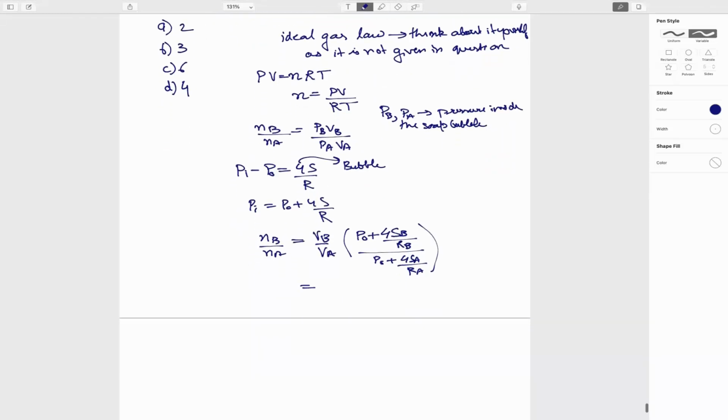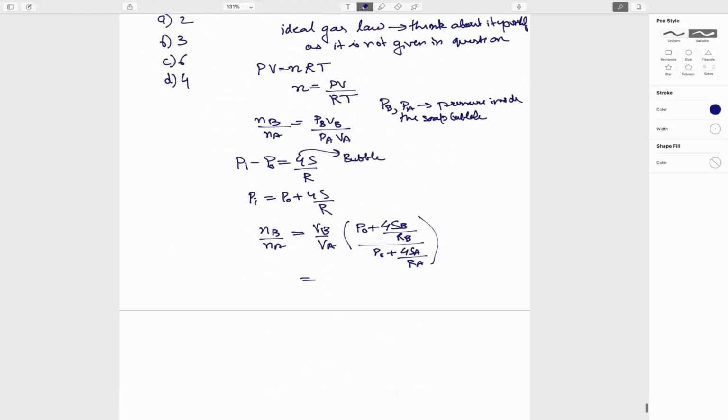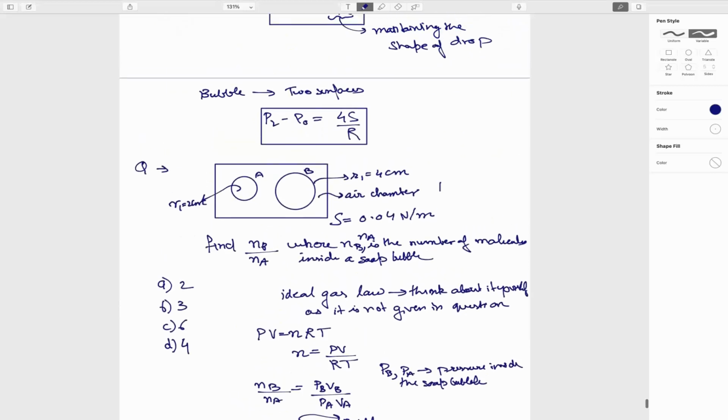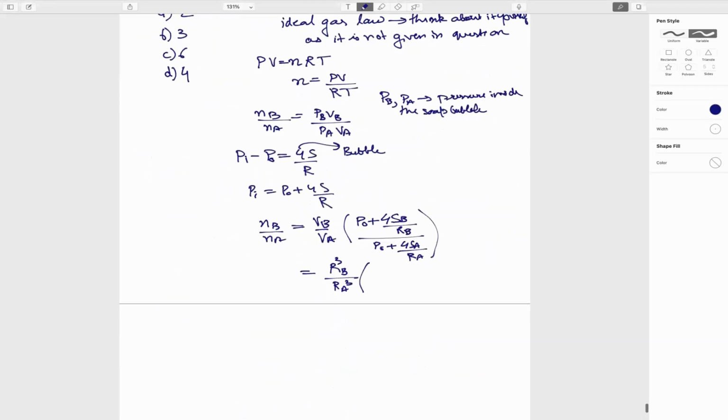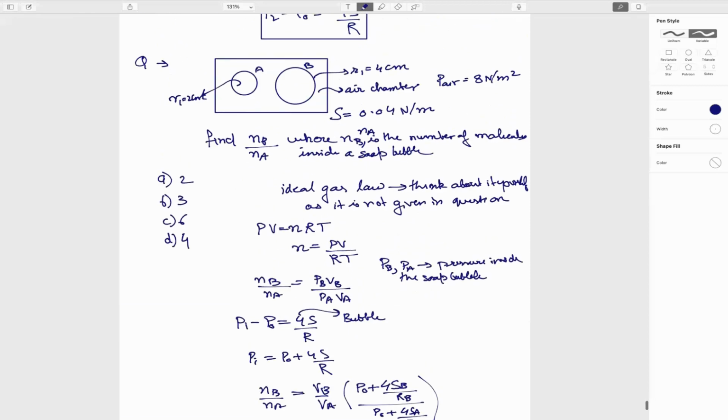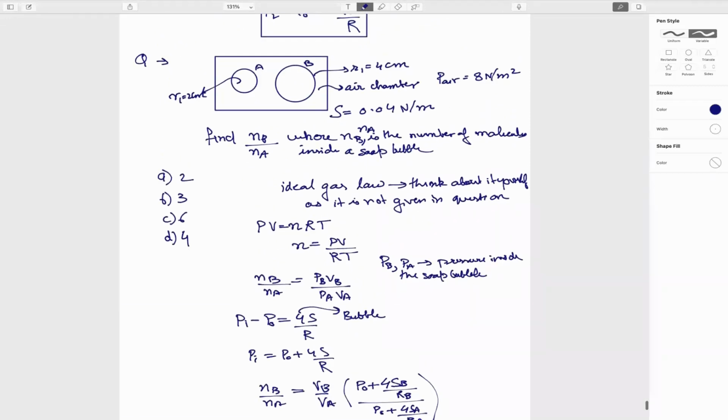So V_B, we know that is 4 upon 3 pi R cube. So 4 upon 3 pi will cancel out with each other. So R_B cube divided by R_A cube. P naught, that is given, is 8 Newton per meter square. So P_B is 8 plus 4 into surface tension, that is 0.04, divided by R_B. R_B is nothing but 4 centimeters.